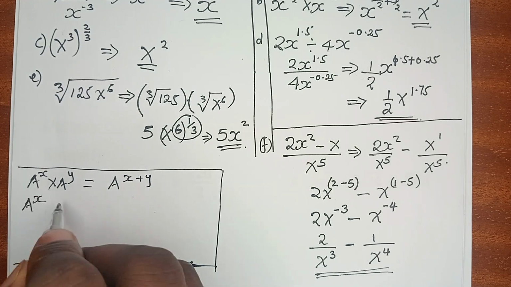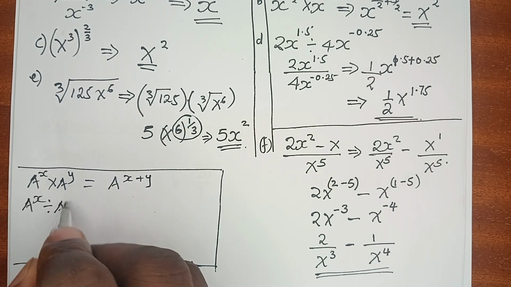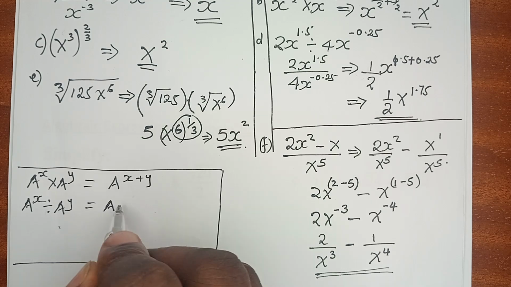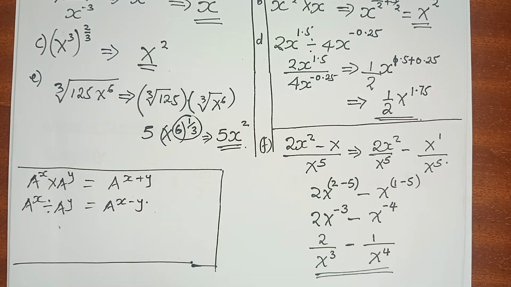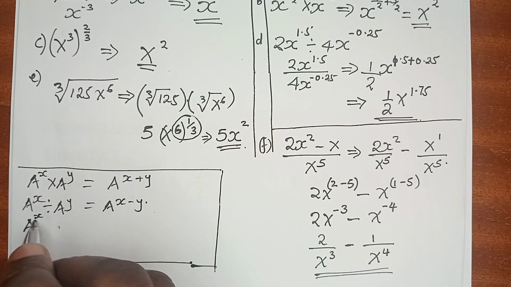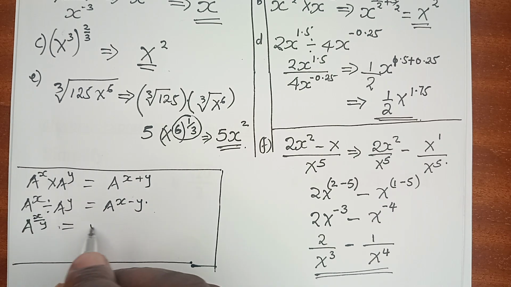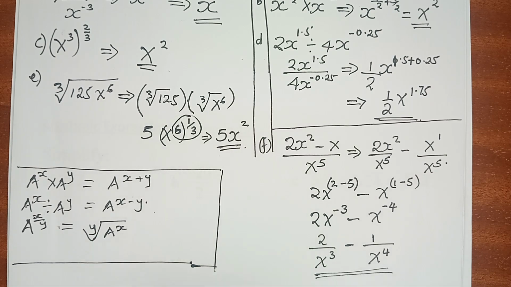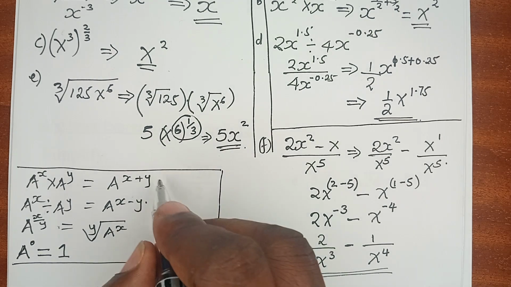A raised to power x divided by a raised to power y is a raised to power x minus y, and you know it. A raised to power x over y is the y root of a raised to power x. And of course, we all know that any number raised to power 0 is simply 1. And so on and so forth.